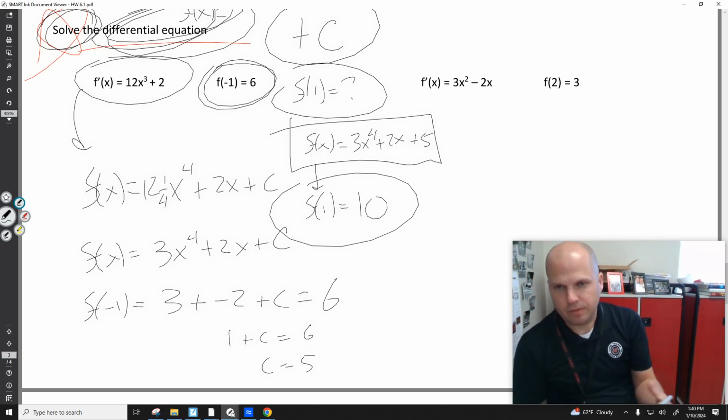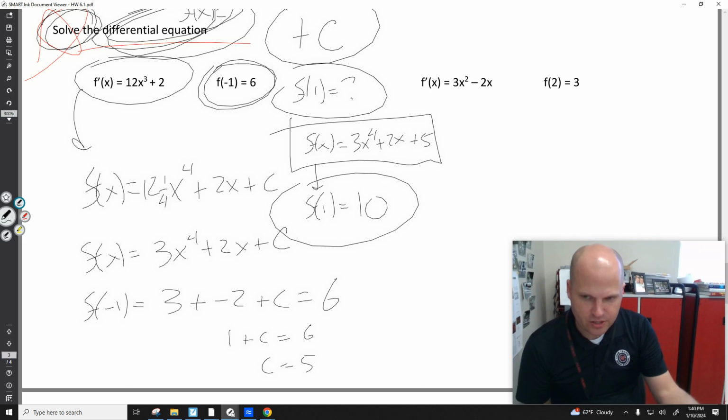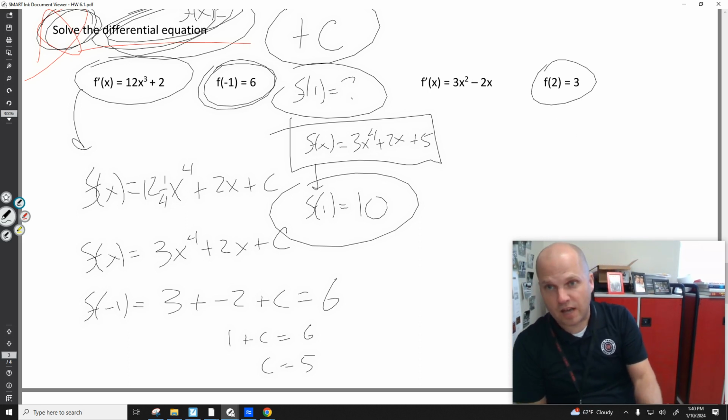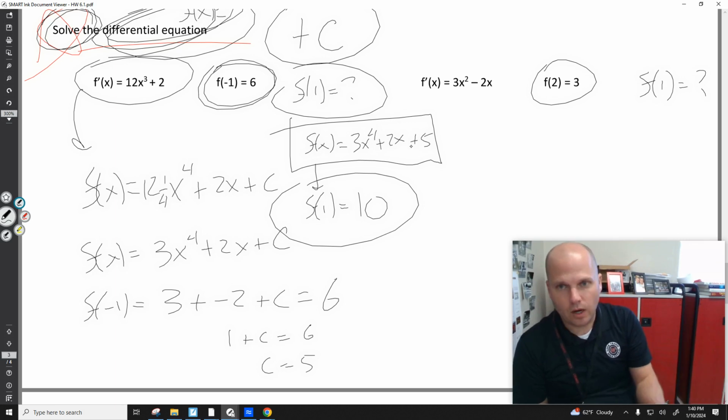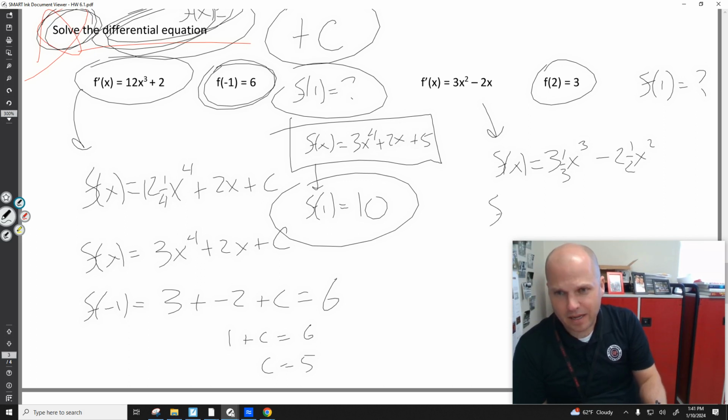Here's another situation. I'm giving you the equation for f prime. I'm giving you a point on f. Let's say I ask you to find f of 1. Well, why do we need C? If I forgot about C, then this statement would be false.